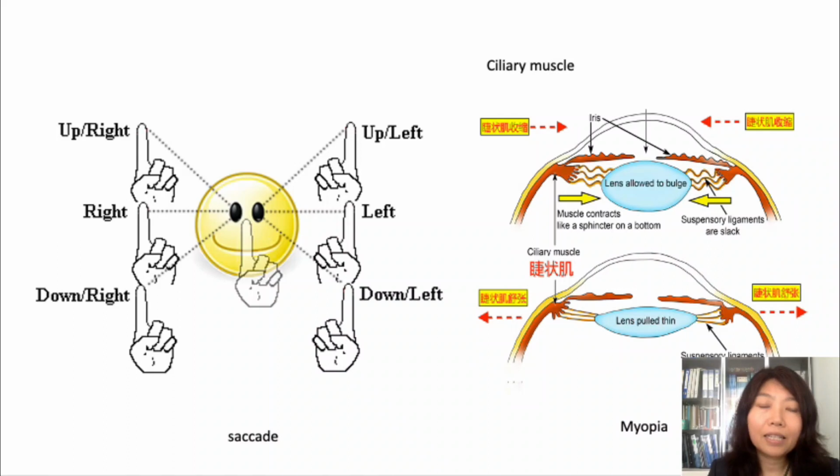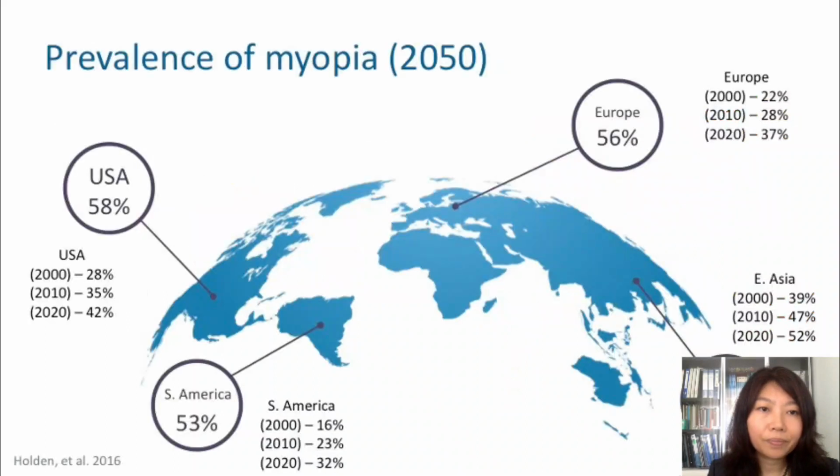And in fact, in the classroom, the eye movement is not enough, and what we see is very close to our eyes, and that is not good for the internal ocular muscles. And this is the prevalence of myopia.